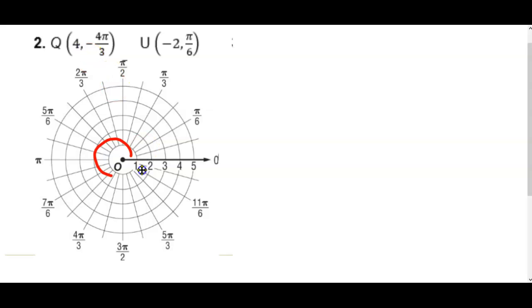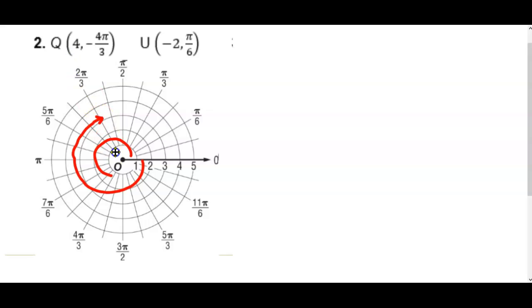So if you're going to go negative 4 pi over 3, you're going to go past pi, 1, 2, 3, 4 marks, which is here, positive 2 pi over 3. You could add 2 pi to this, and you'd get positive 2 pi over 3. But that's where you're at. Now you went in a negative direction, but that's it.